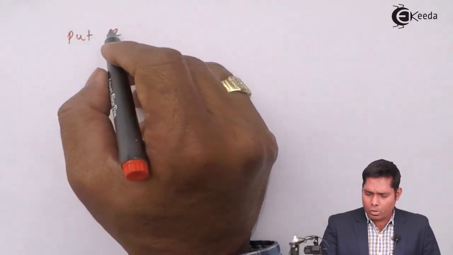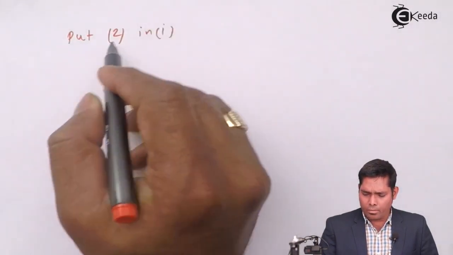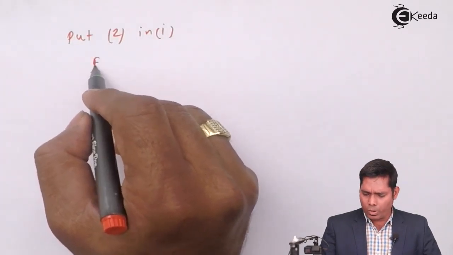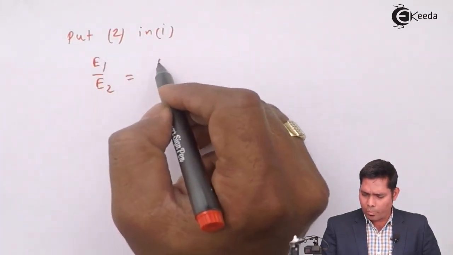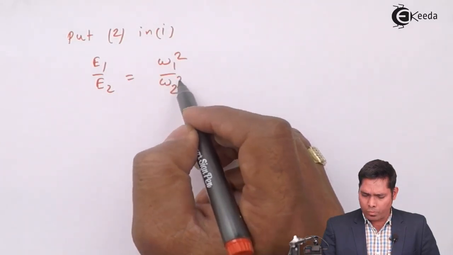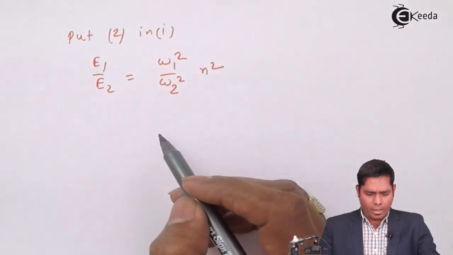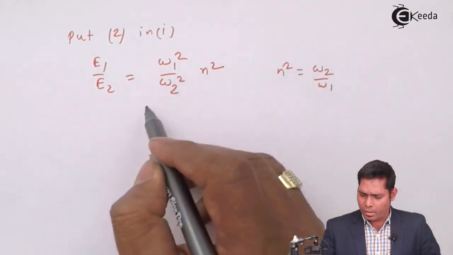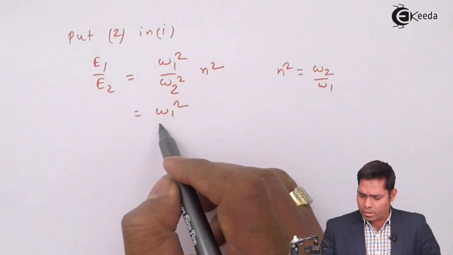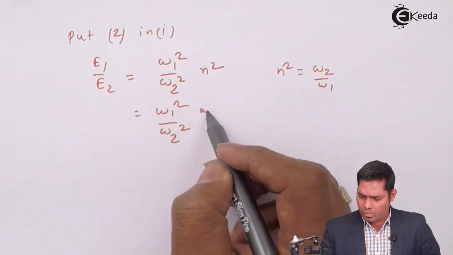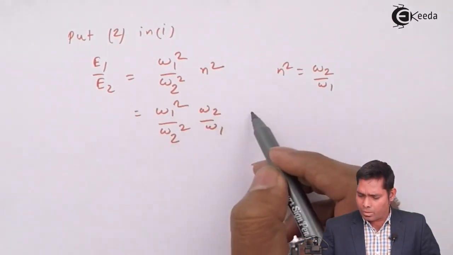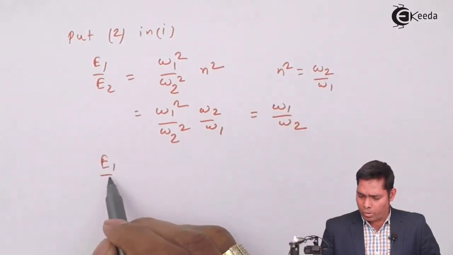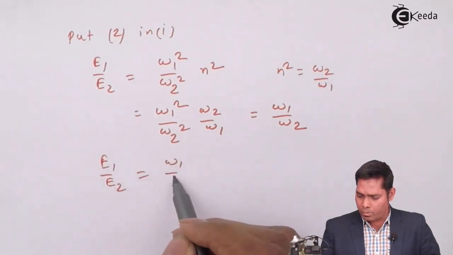Putting this equation 2 in 1, we have E1 over E2 is omega 1 square over omega 2 square into n square, and n square we got as omega 2 over omega 1, so that will give omega 1 over omega 2. So E1 over E2 we are getting omega 1 over omega 2.